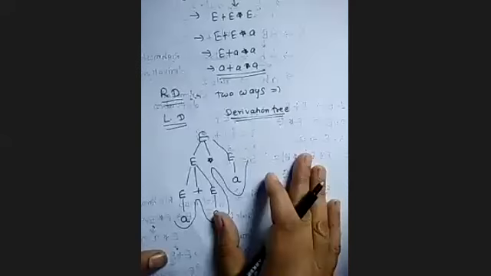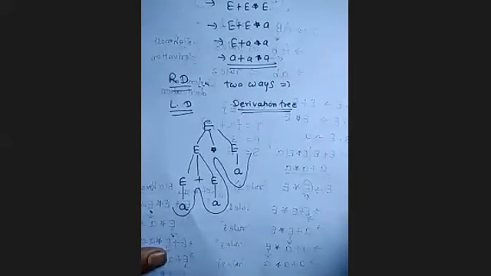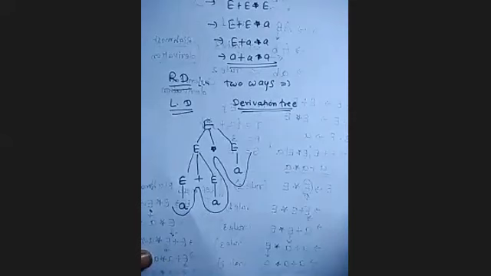Okay, let's repeat and note down. Derivation tree is a graphical representation or description of how the sentence or string has been derived or generated using a grammar.